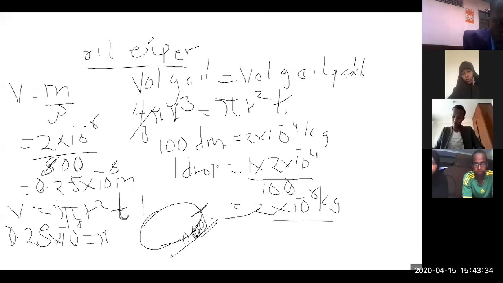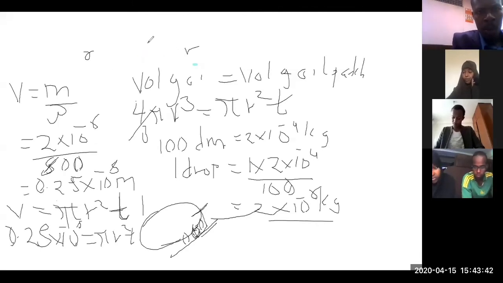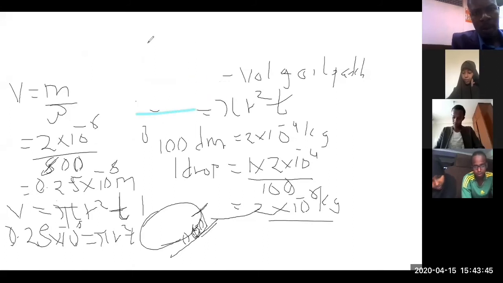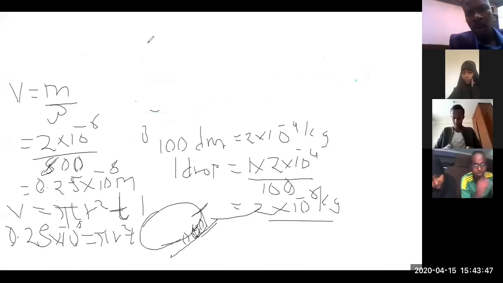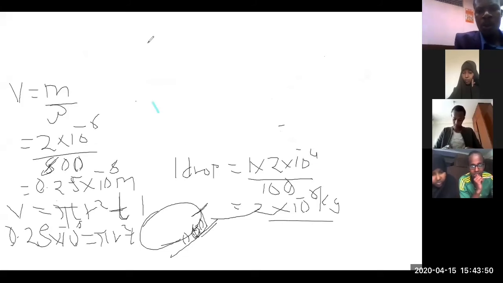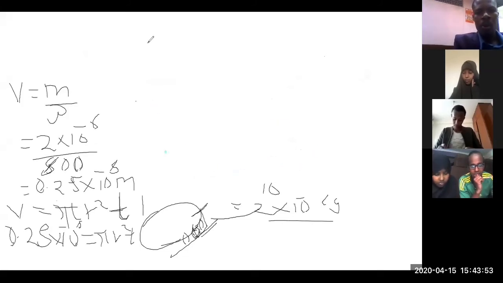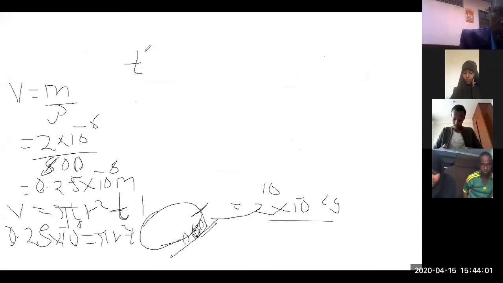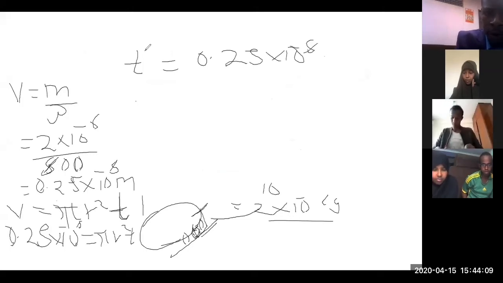pi r square t. So from there, what we are looking for is t. So t will be given as the volume, which is 0.25 times 10 raised to negative 8 over pi r square.